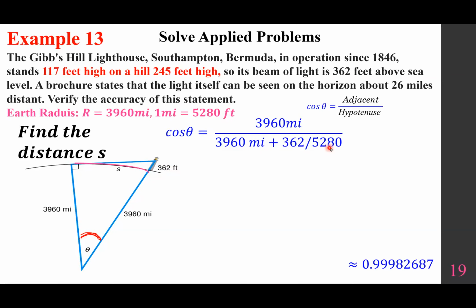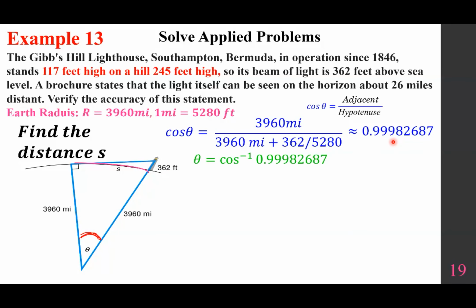You put it into a calculator and you have to use a lot of decimals because this is almost 1. So many decimals, 0.9998267. And theta is the cosine inverse of this number.